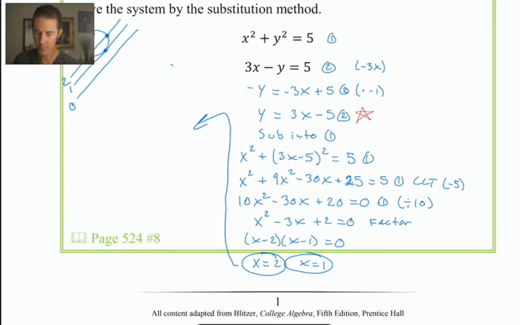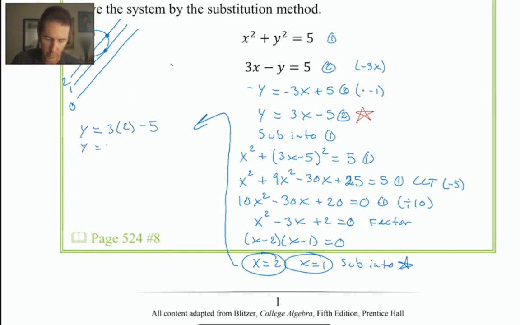That's a modified version of equation 2, and if we plug our x values into that, it's going to deliver us very quickly to the corresponding y values. So let's write: sub into star.